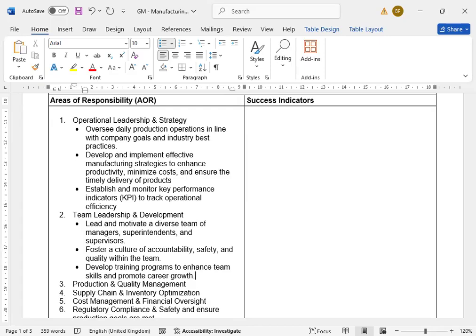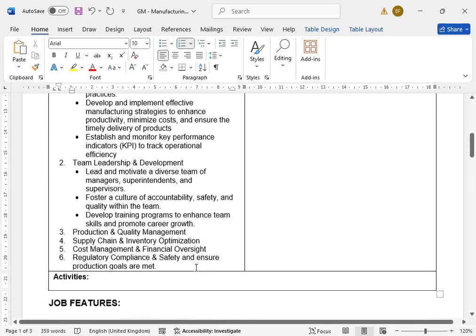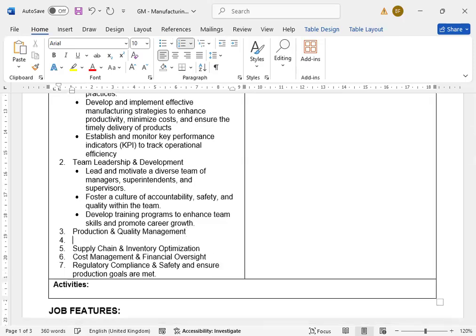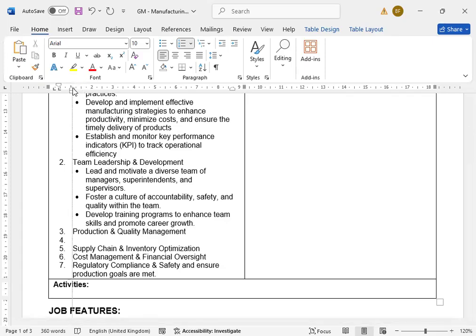That's why it's very important to promote career growth. All right, that will be it for number two, the key areas of responsibility. Then the next one would be number three, production and quality management. I'm going to adjust this one too.